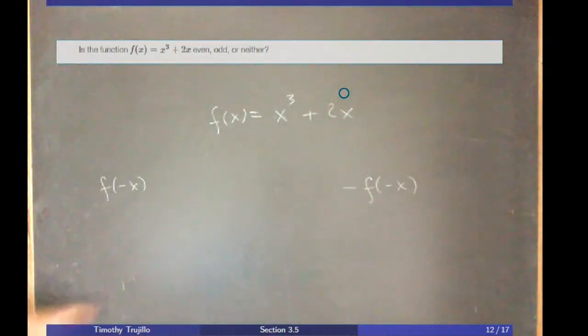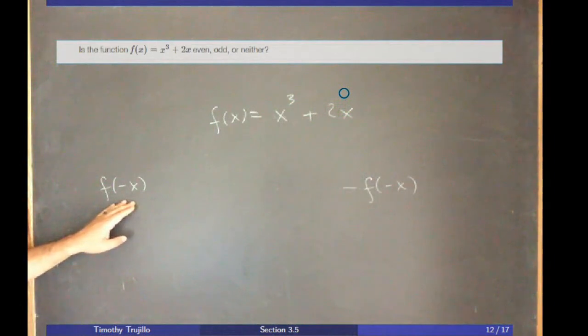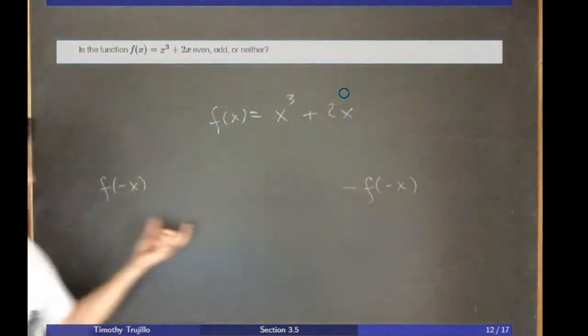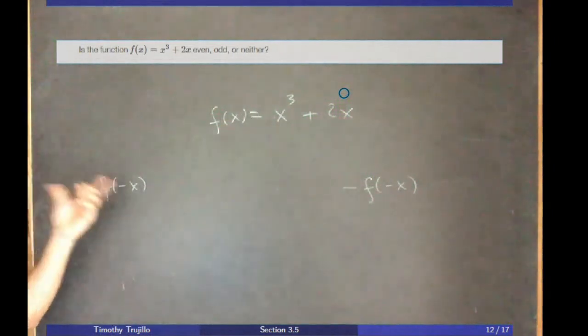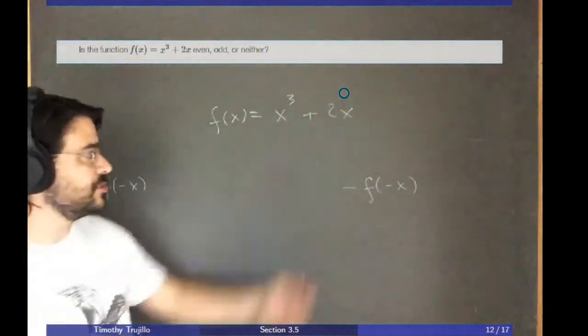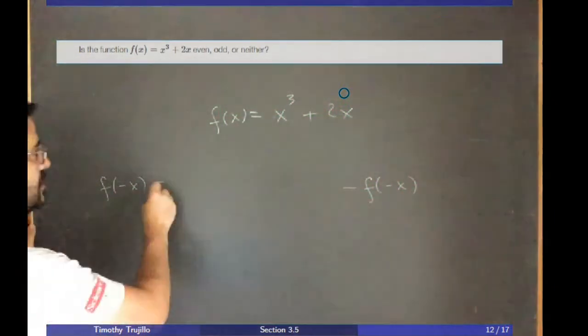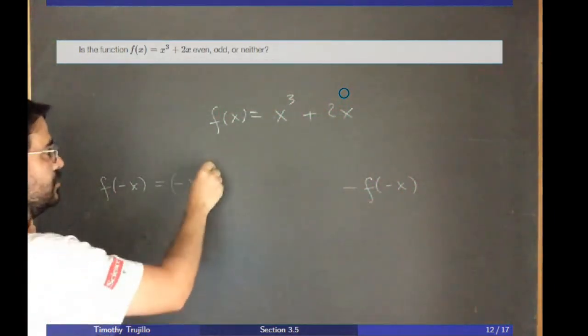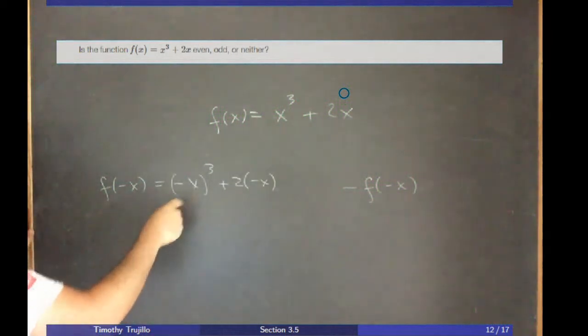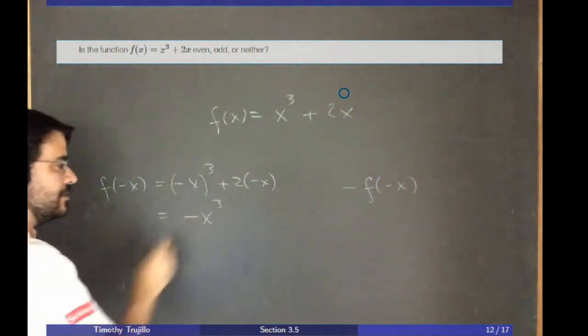Okay, so here, let's compute this. You should check to see if it's even first. This is a little bit harder to compute, and if you get a yes answer for this, then you're just done. So start with the even question, and here, everywhere you see an x, just replace it with negative x. So this is equal to negative x cubed plus 2 times negative x. And negative x cubed, that's 3 negatives, so it's the same thing as negative x cubed.